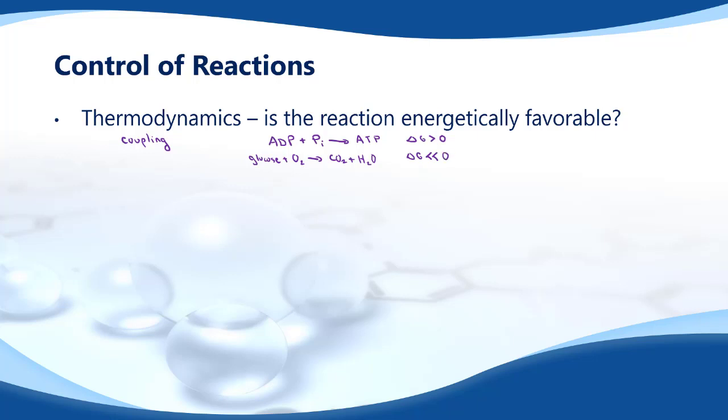This is very energetically favorable, right? Very exothermic. If we couple these reactions according to Hess's law, if we add the reactions, we add the delta G's, the reaction overall becomes energetically favorable, and we can actually recharge, quote unquote, our ADP into ATP, which gets used when we need to convert things into energy later on in the process.